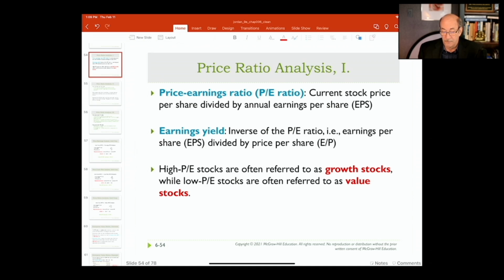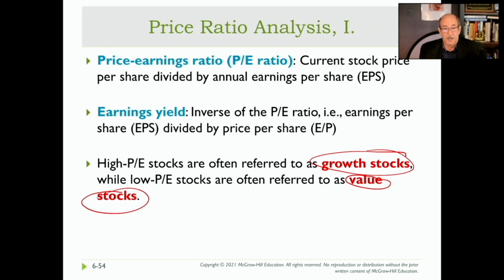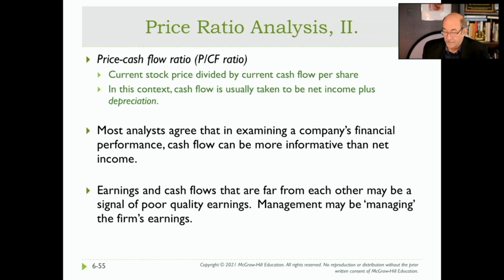We also quite frequently use the terms growth stocks and value stocks for defining high PE versus low PE stocks. You'll see in just a minute, I'll prove to you that those labels for high PE versus low PE do make sense.